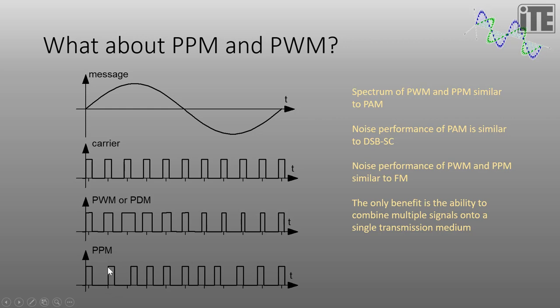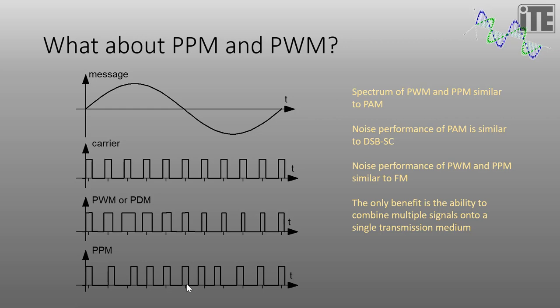So here you can see this pulse is slightly delayed in time. This one's delayed even more. And these ones are advanced in time, where the amplitude gets lower. So these are all forms of pulse analog modulation. Now the spectrum of these ones is similar to PAM.